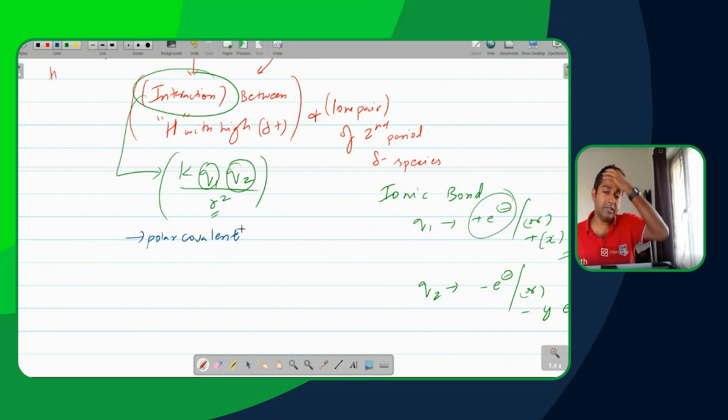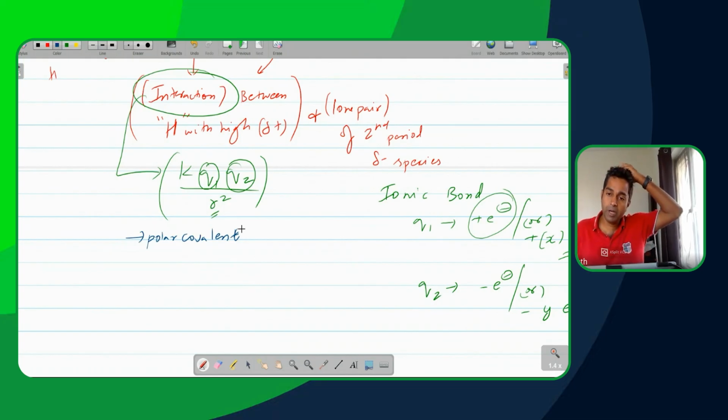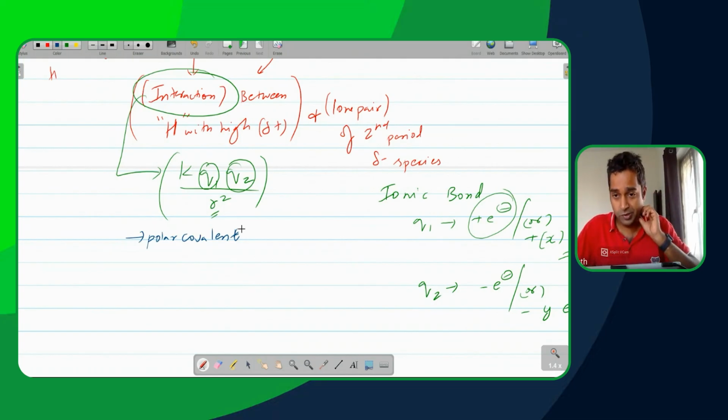And even in that case, the polar covalency is only about 30 to 35%. So polar covalency is nothing compared to ionic. In ionic, the r is so much smaller, and you have the plus and the minus, the quantum of charge is so much higher. That is basically the difference between ionic and polar covalent.